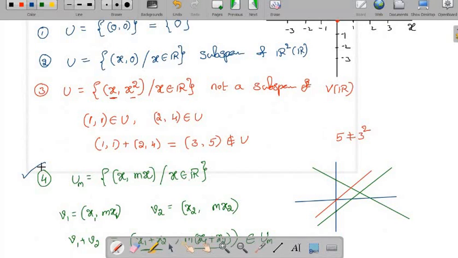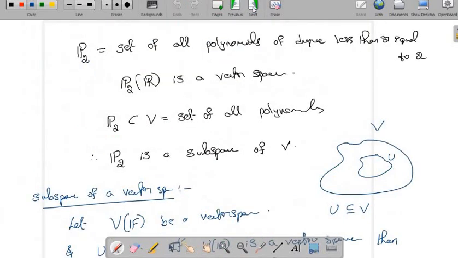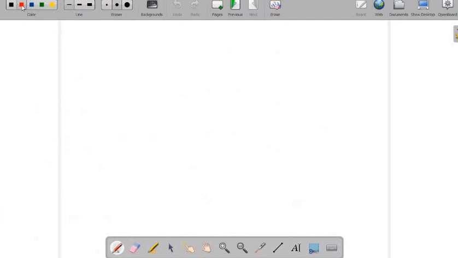All right. Now I request you one thing. You think about what are all the subspaces of R3? R3 over R. Okay, so in R2, we said the proper subspaces are lines passing through origin.